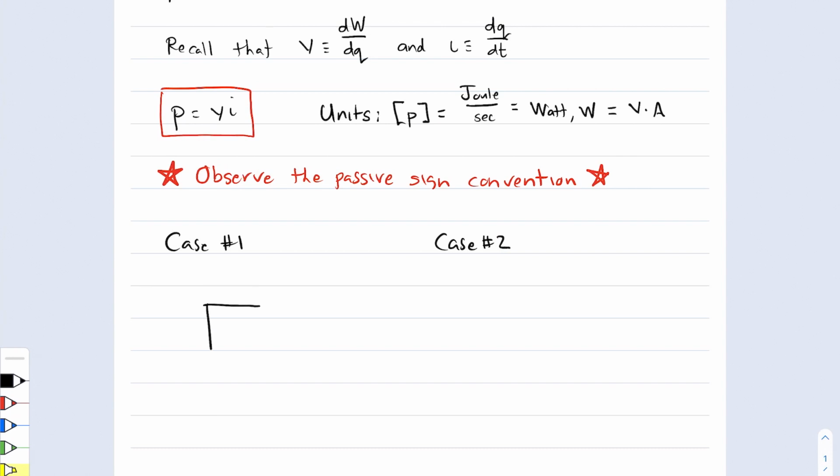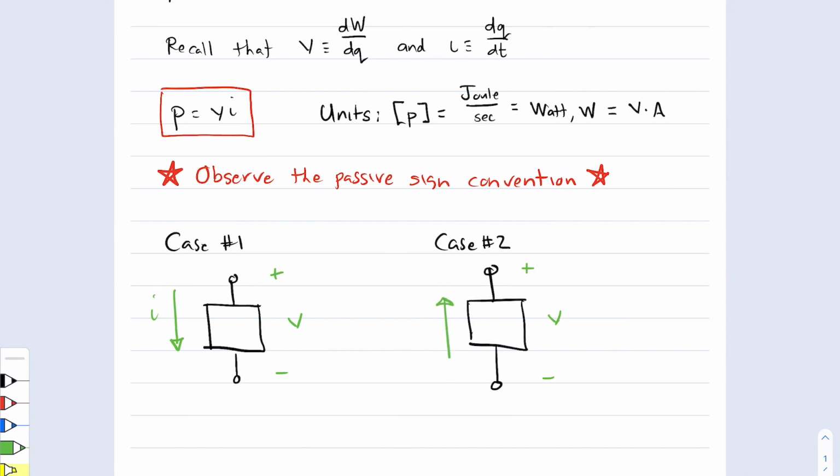Suppose that you have in each case an ideal basic circuit element, a two-terminal device. For the first element, the voltage looks like this. Same thing for the second one. However, the current for this one goes down this way, while for case number 2, it goes up that way.